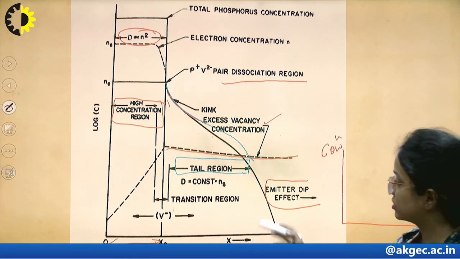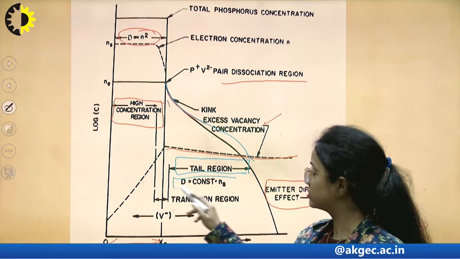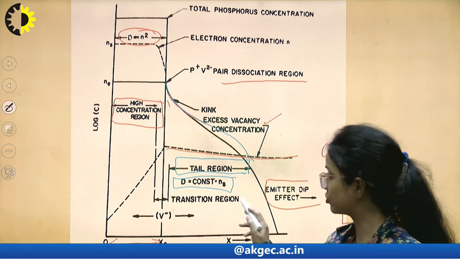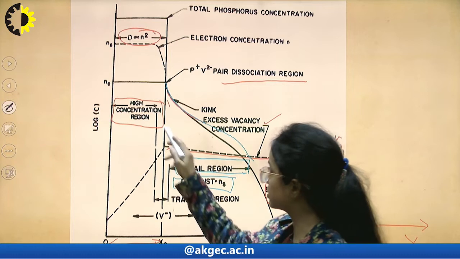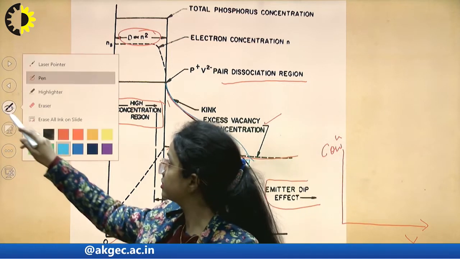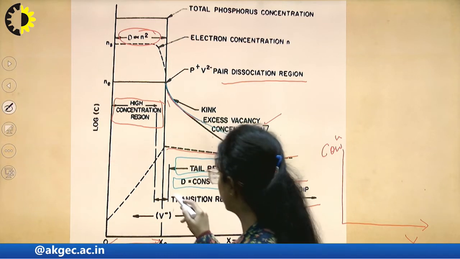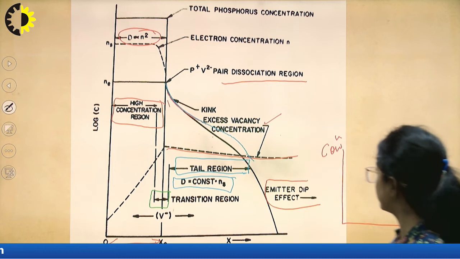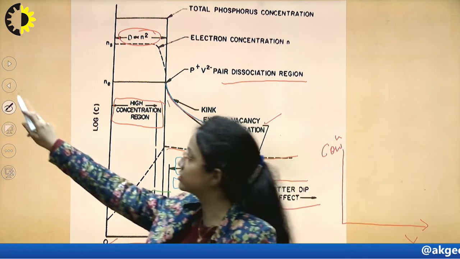And here we can see that D is equal to some constant, and there is a region of high concentration, a tail region, and then a transition region. So we have to start like this.